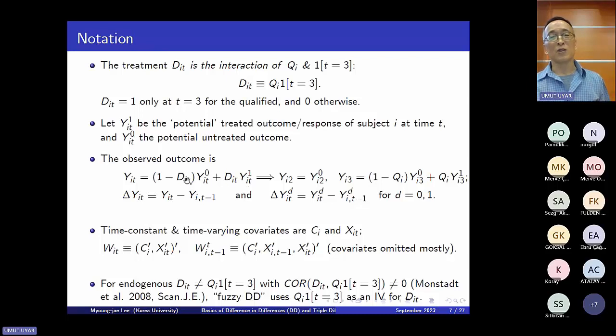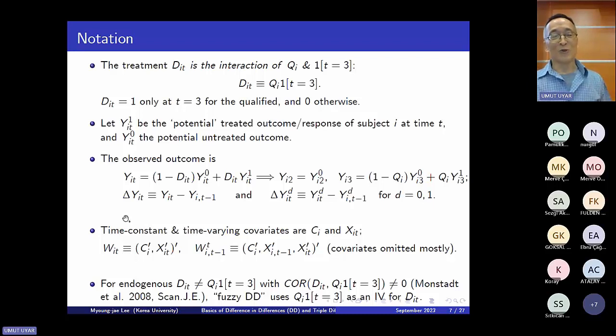If treatment is 0, y equals y0, and if treatment is 1, y equals y1. So since nobody is treated at time 2, observed y is y0 for everybody. However, in time 3, if Q is 1, observed y is treated outcome. If Q is 0, observed outcome is equal to untreated outcome.